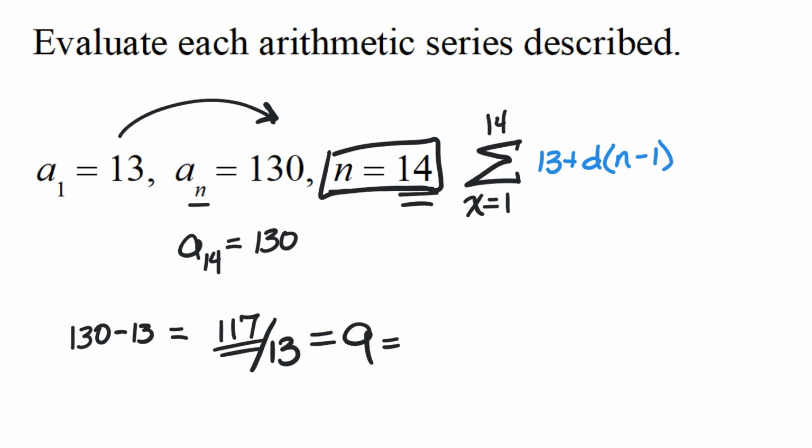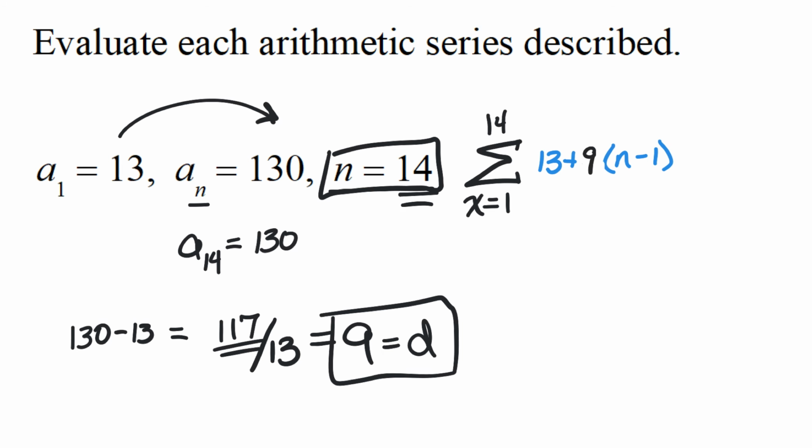And what I'm describing as steps is called our common difference, isn't it? So we have a common difference of 9. So we would go back in here and substitute into our formula d with the number 9, because that's what our common difference is.